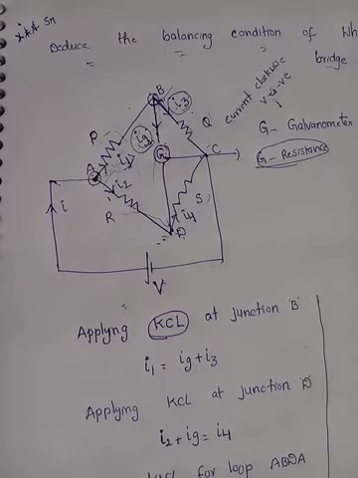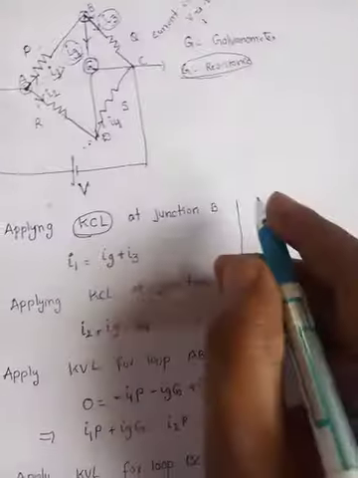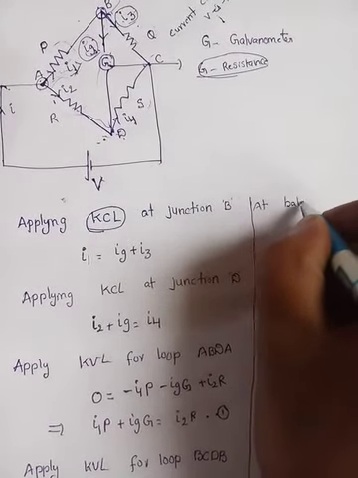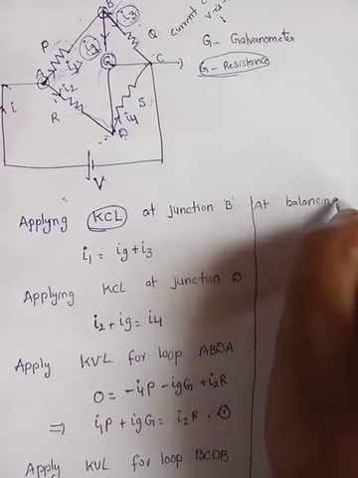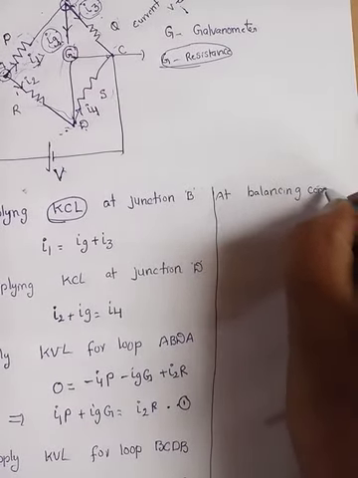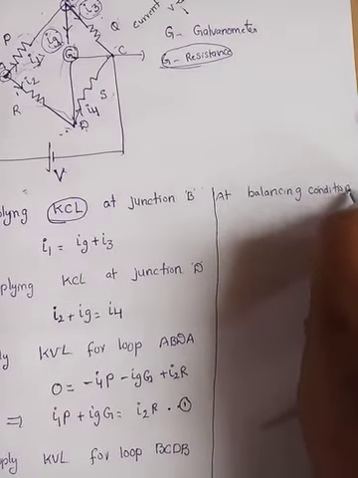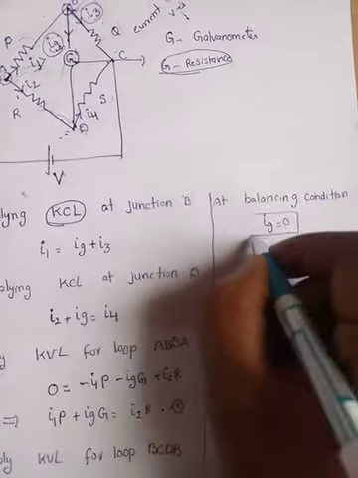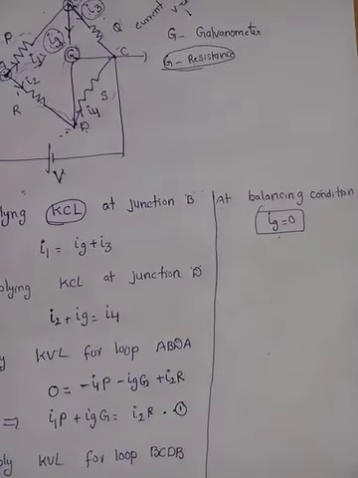So when both are balanced, the pointer shows zero deflection. So we have to apply that condition at balancing condition. Current through the galvanometer is 0, means no current flows through the galvanometer.